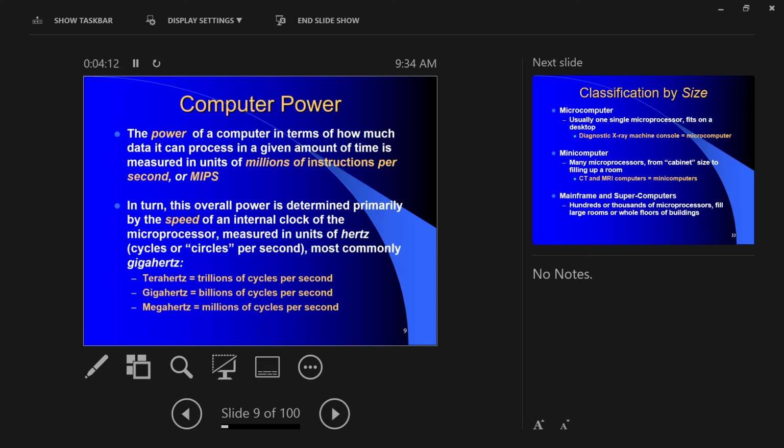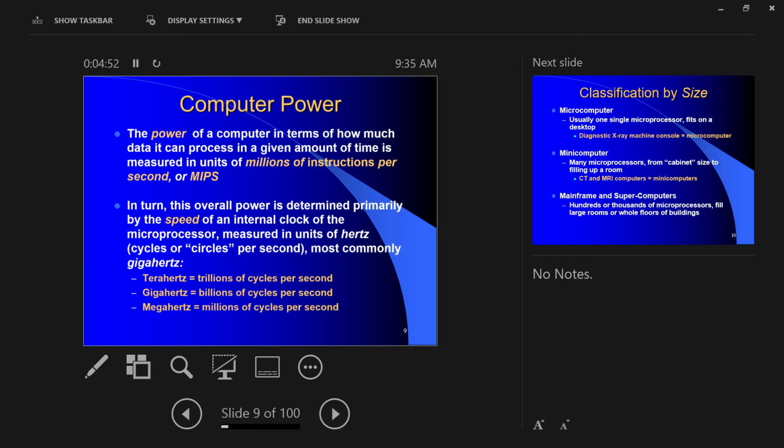The more instructions a computer can process in any given amount of time, the more powerful the computer is. This is determined by the speed of its internal clock, the clock that regulates the computer. You may have heard, especially if you game at all, about overclocking computers. That's making their internal clock run faster than it otherwise does, giving it essentially more processing power. The clock runs faster, it thinks things are happening quicker, and it's going to act on the instructions faster.